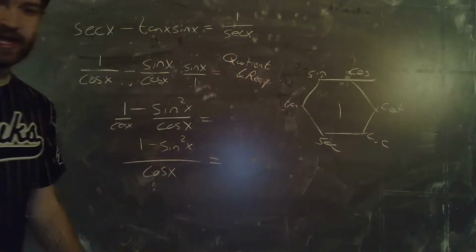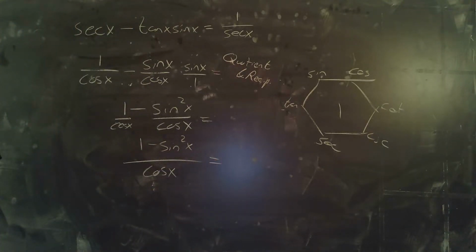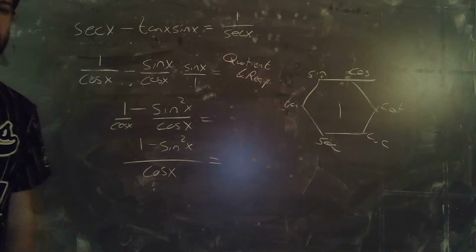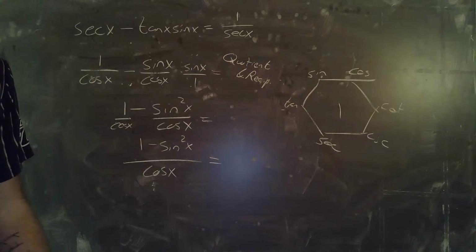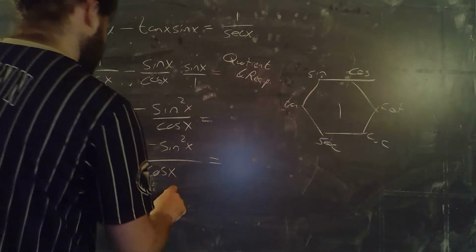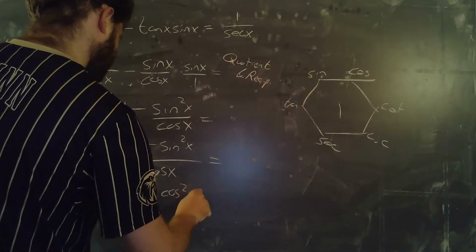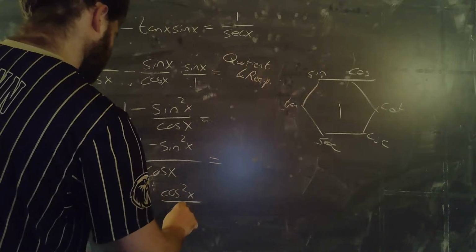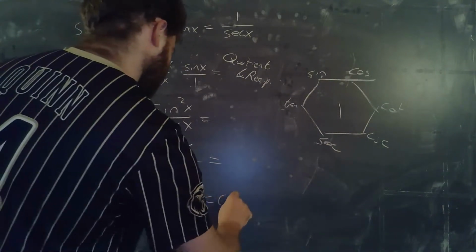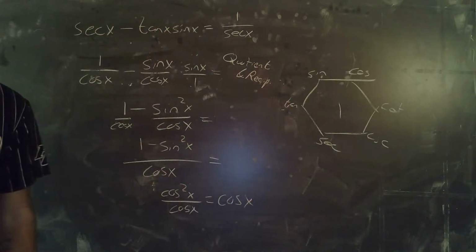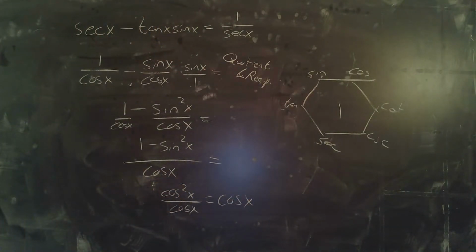So we say, okay, what is 1 minus sine squared of x? We start over on the checklist. Do we see a Pythagorean identity? Well, of course we do. We have something and then sine squared. So 1 minus sine squared is going to be cosine squared. So I write cosine squared over cosine, which of course just reduces to one singular cosine of x, one on top, one on bottom, they cancel, leaves you with cosine of x.